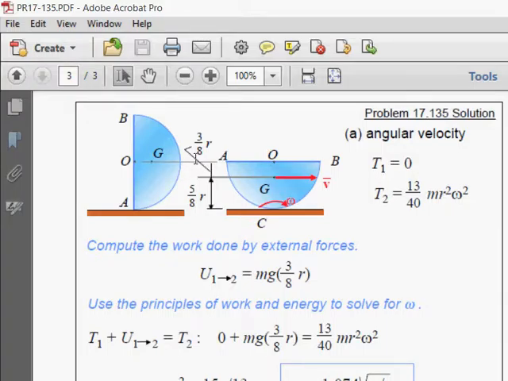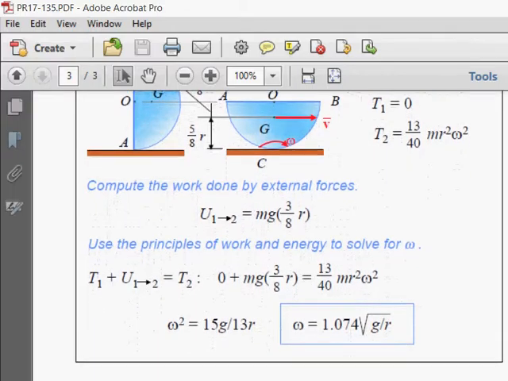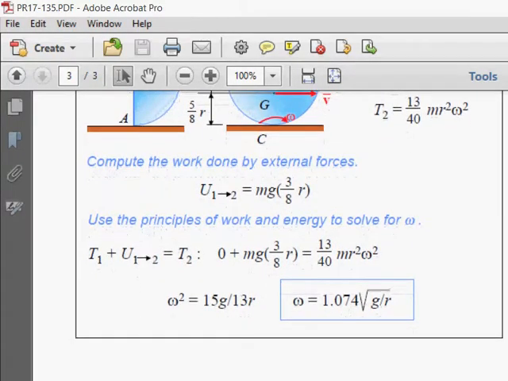Now, how do we use the principle of work and energy to solve this? You see, you have the kinetic energy 1 plus the sum of the work equals the kinetic energy 2.